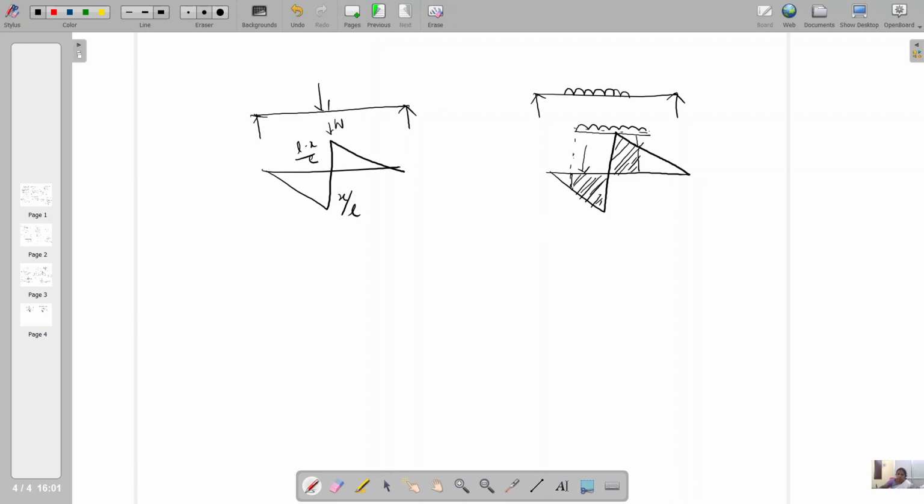So you mark this as A, this as B, and you consider the span as H. So H by 2 into A plus B is the area of the trapezoid. So the area underlying the load is considered to be the total shear force, the negative shear force value in this area. Actually, this is A plus B.